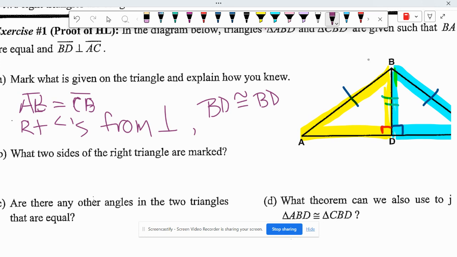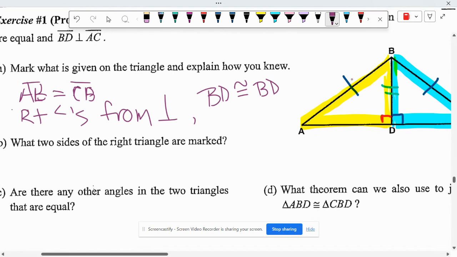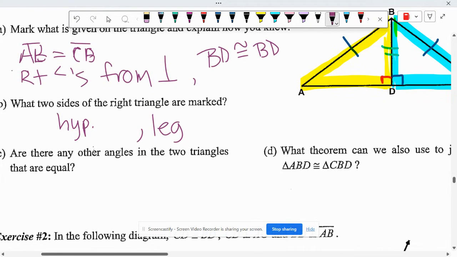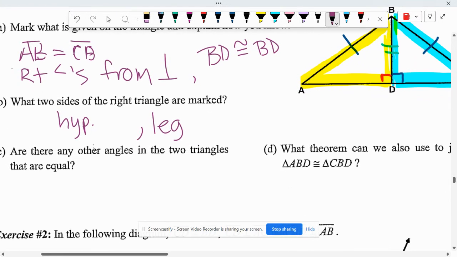So the second question says, well, what two sides of the right triangle are marked? Well, we marked the hypotenuse congruent to a hypotenuse, and we marked a leg congruent to a leg. So because we have right triangles, that's kind of like the proof of the hypotenuse leg. So these two triangles are congruent.